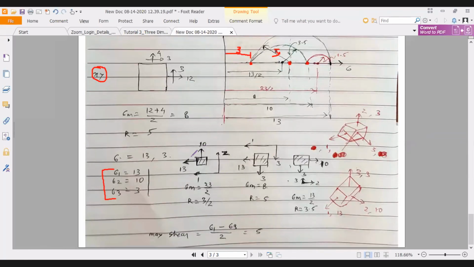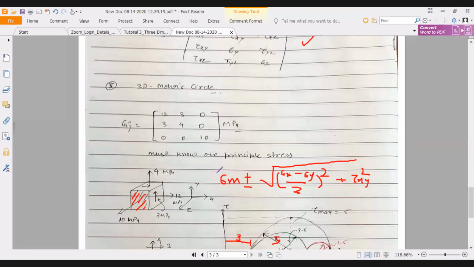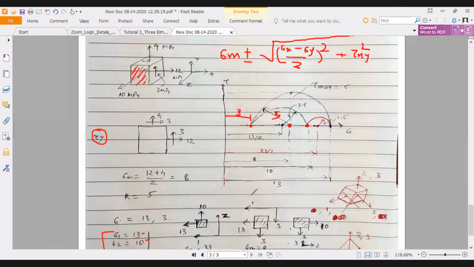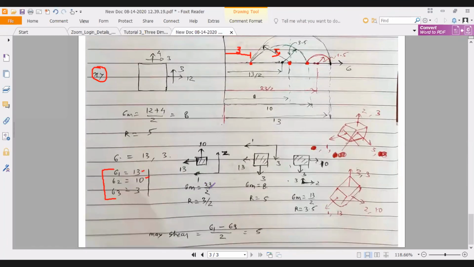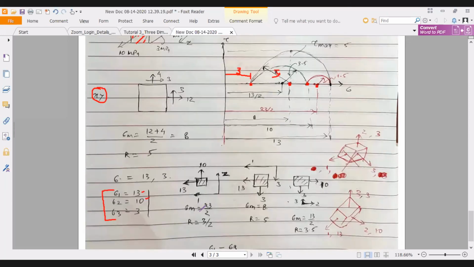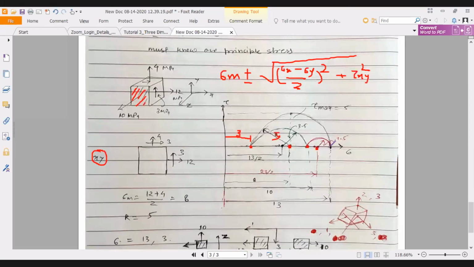Suppose I am taking 13 and 10. Corresponding to these, the sigma mean and radius are calculated using the similar formula. The mean is sigma 1 plus sigma 2 divided by 2, and this is the formula for the radius. For these two principal stresses, the mean is 23 by 2 and the radius is 3 by 2.